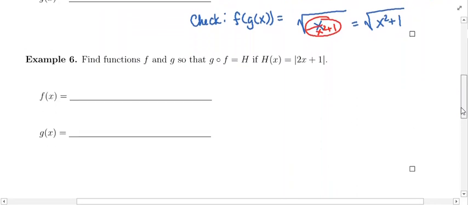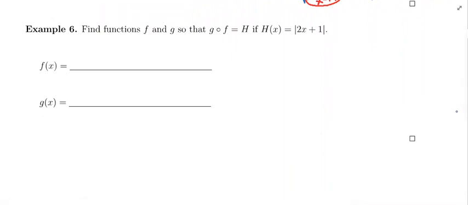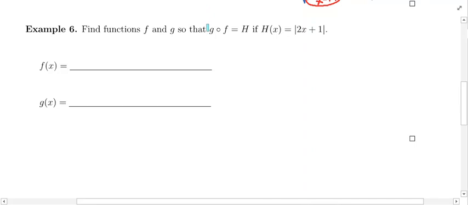If we do the same thing in example 6, it's the same process, we just have a different composite function. h of x this time is the absolute value of 2x plus 1. This time we're trying to find the f and the g so that we compose in a different direction. In example 5, we did f of g.